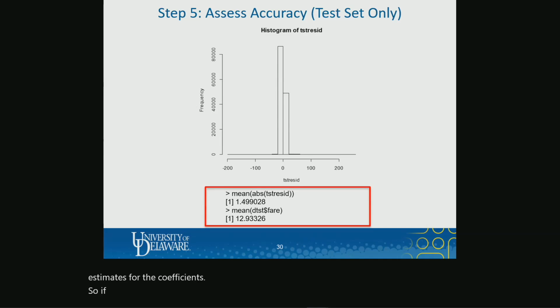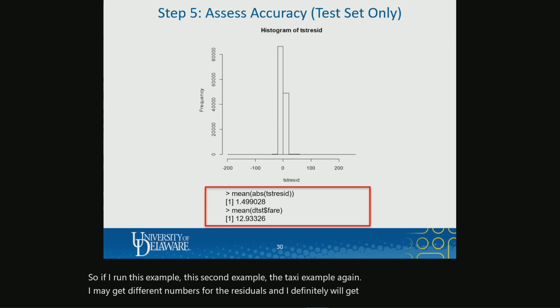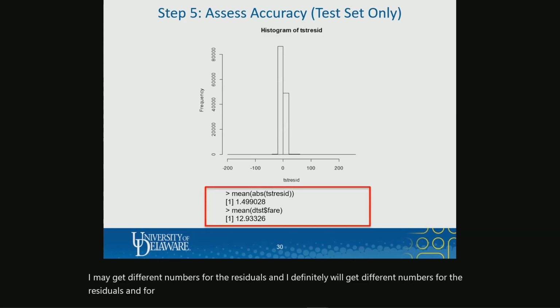So if I run this example, this second example, the taxi example, again, I may get different numbers for the residuals, and I definitely will get different numbers for the residuals and for the errors and the percentage of errors and the accuracy.